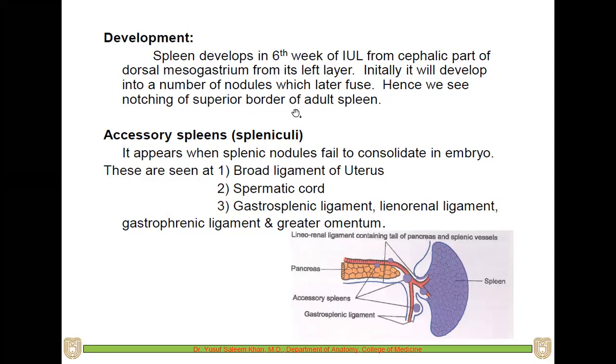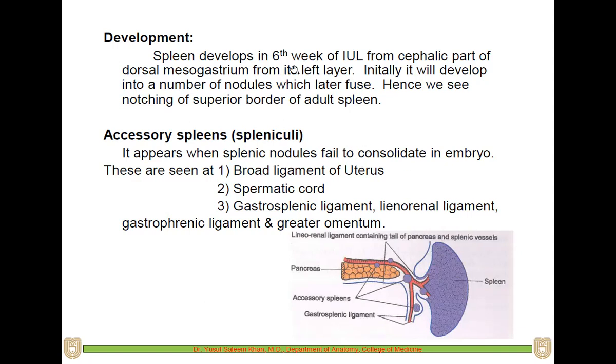Now coming to something called accessory spleens. Accessory means additional. So sometimes there can be additional spleens, or they are also called the spleniculi. So what are these additional spleens or accessory spleens? They appear when splenic nodules fail to consolidate in the embryo.